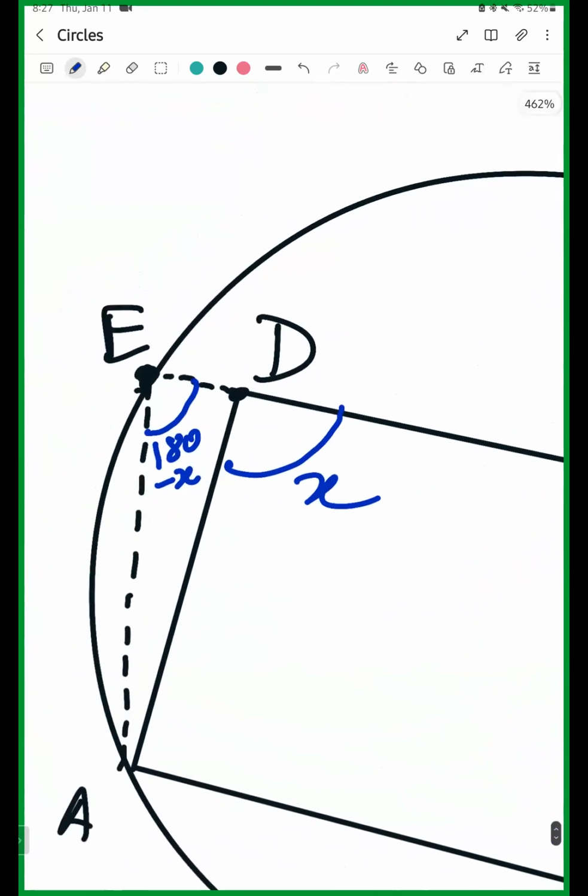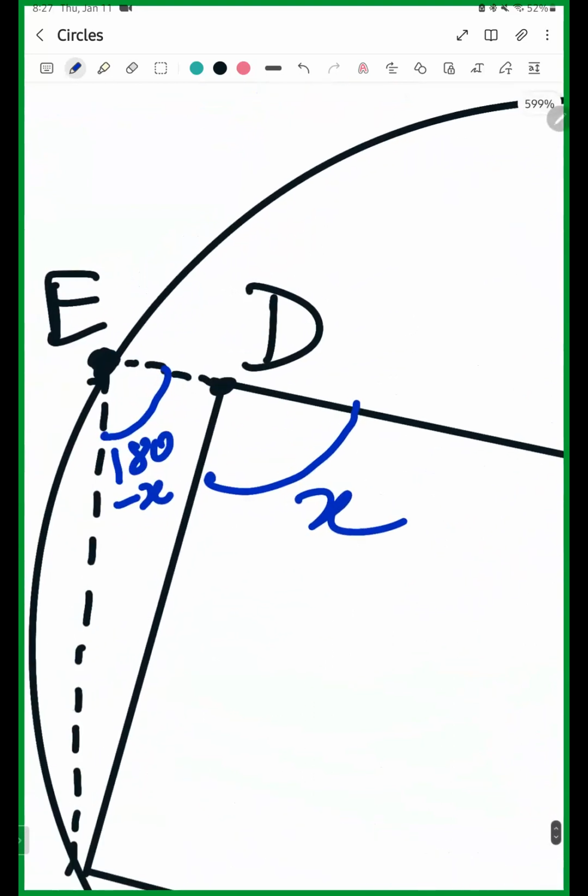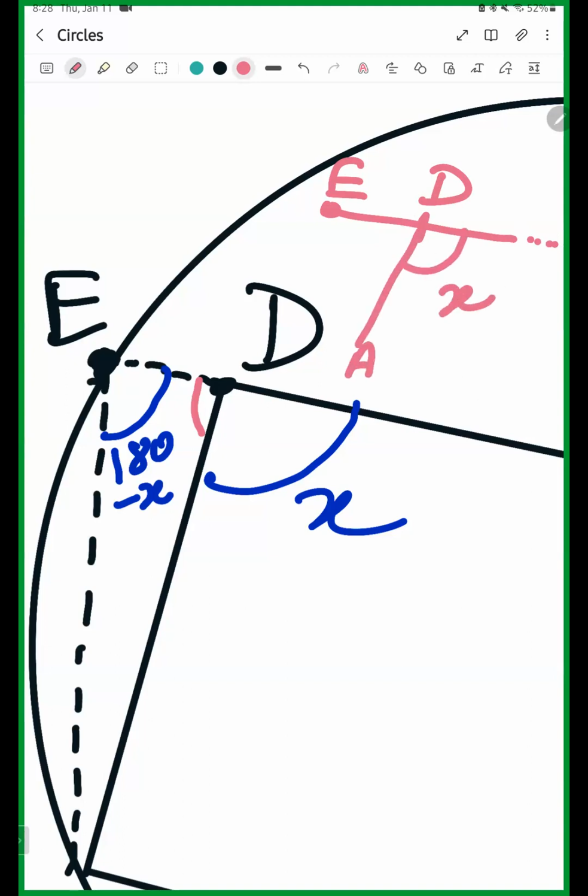Look at this angle over here. How much is this going to be? It's like this is your D, this is E, and somewhere over here you have C. And here you have A. So if this angle is X, how much is this angle going to be?